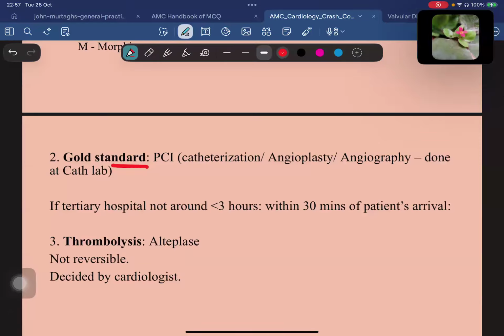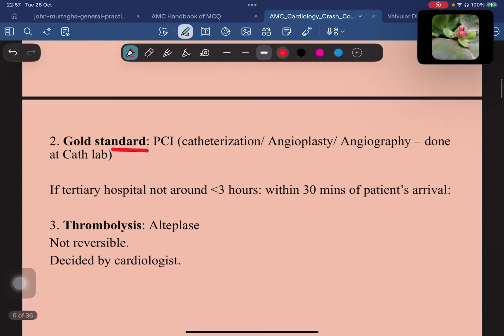So gold standard would be PCI, and AMC is also very funny with this. They use synonyms and try to see if we actually know. Actually, this happened to me while practicing questions as well. So I added to my note, even if they ask catheterization, angioplasty, angiography, whatsoever, just select that answer. That's how I remembered it.